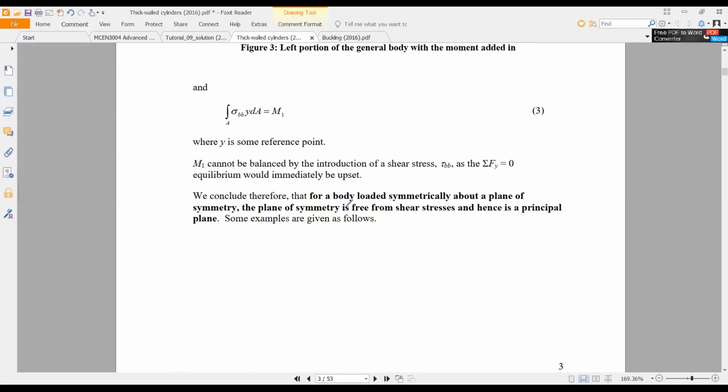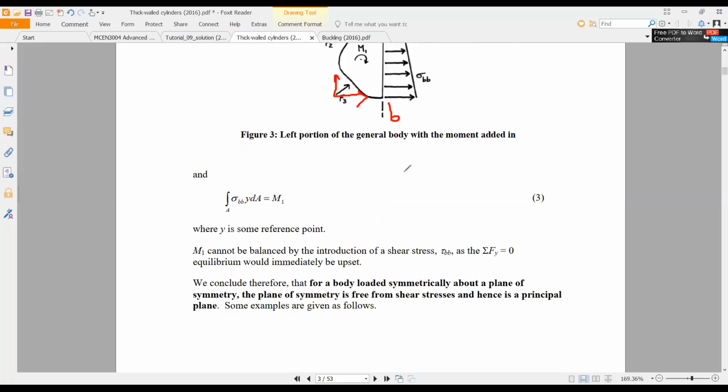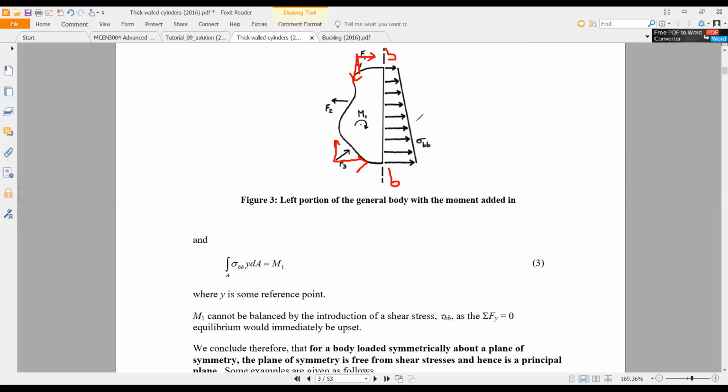With that explanation we can easily grasp this now, because we already know that at the principal plane there is no shear stress. Shear stress is going to be 0, or you can call it absence of shear stress.